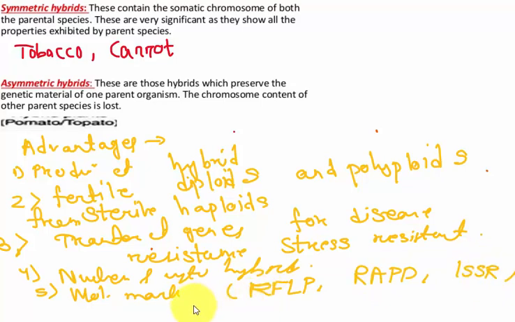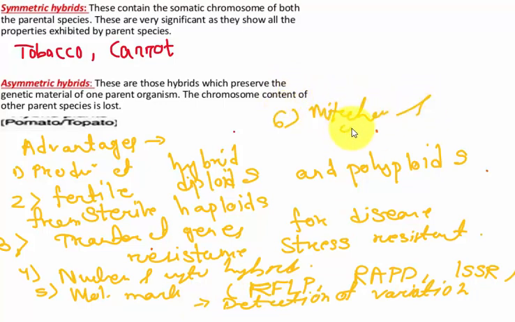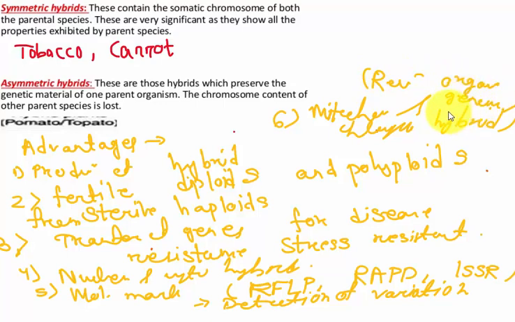These are helpful in the detection of variation. And the last is the production of mitochondria and chloroplast hybrids, called the recombinant organelle genome, the mitochondria chloroplast fusion. So this is all about somatic hybridization.